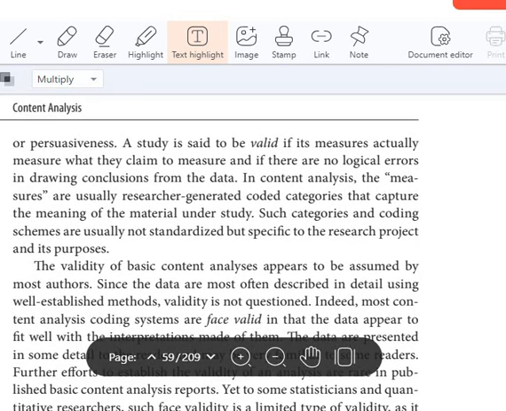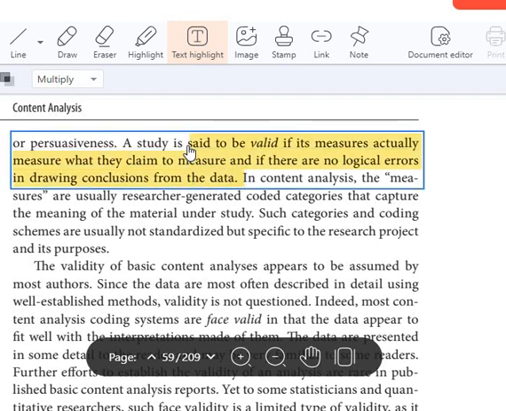You can describe a study as valid if it actually measures what it claims to measure, and if there are no logical errors in drawing conclusions from the data. So if there's a lack of errors, and you measured what you wanted to measure in the beginning, this is good.